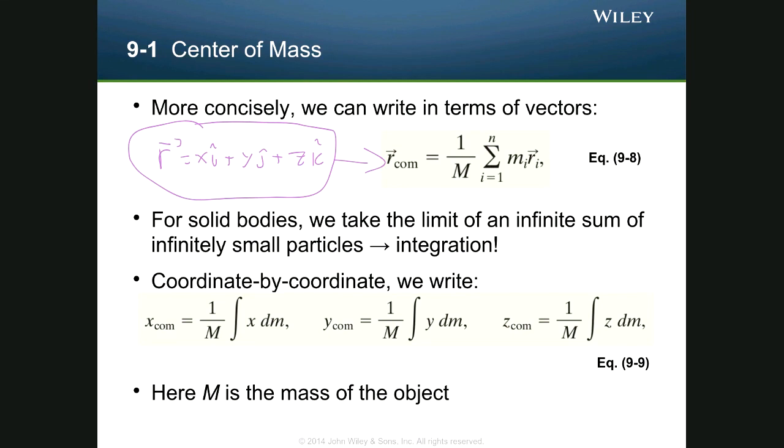As you take the limit as these little mass chunks go to 0, you're actually going to turn the sum into an integral, and we're going to find that you'll have these coordinate integrals in mass.